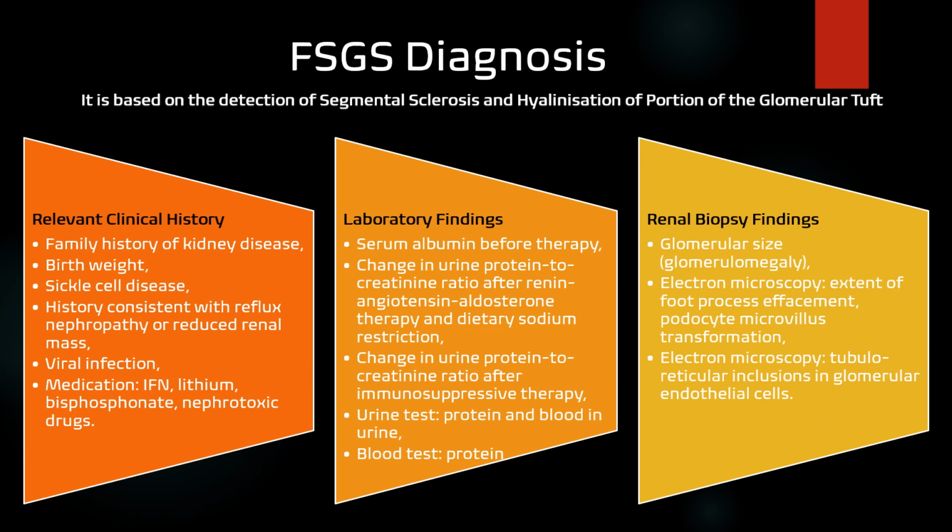In the context of FSGS diagnosis, it is based on the detection of segmental sclerosis and hyalinization around the glomerular tuft, where investigators and clinical teams are able to provide recipients who are suspected or high risk a more formal diagnosis.